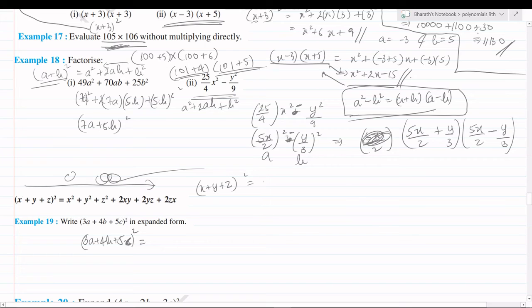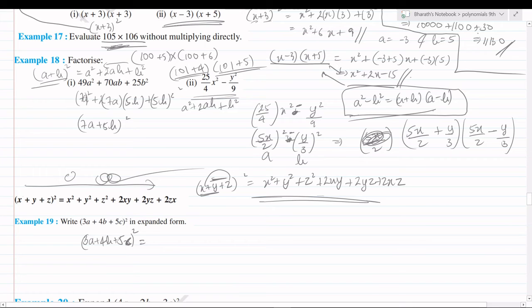Now take the square of each and everything. Now add 2xy, the first two terms. Then the second two terms. Then at last these two. Simple to remember. Remember this and you can do anything.